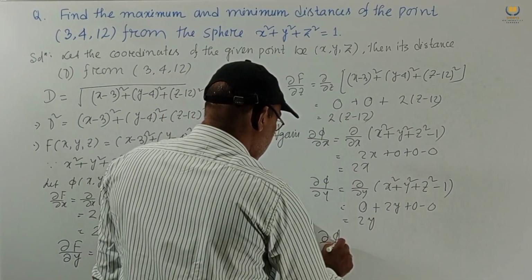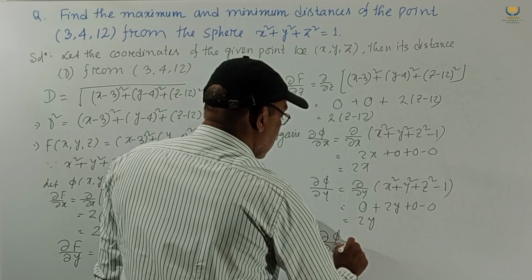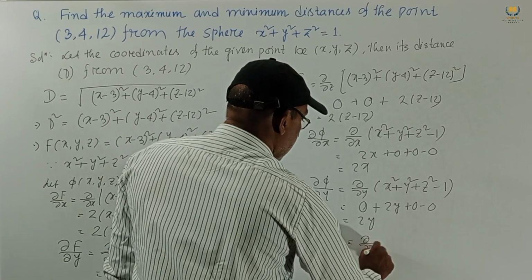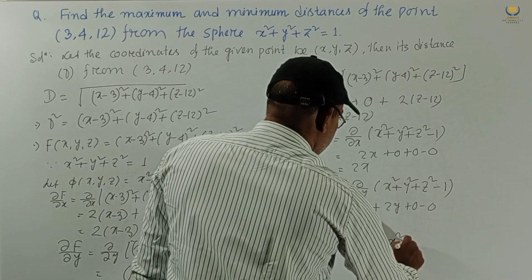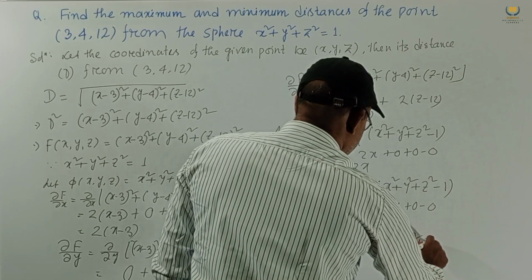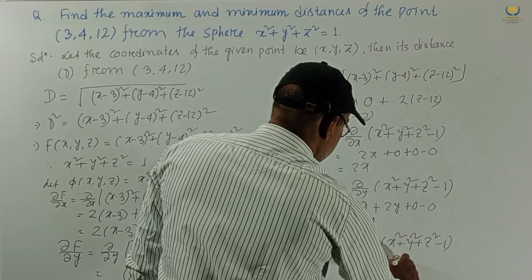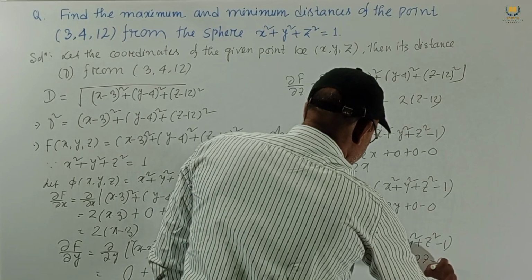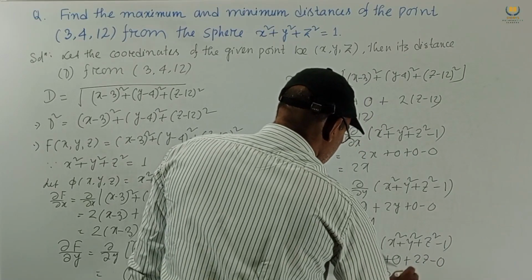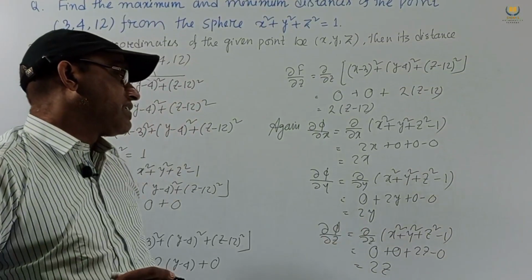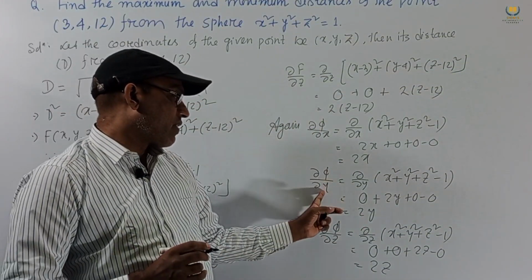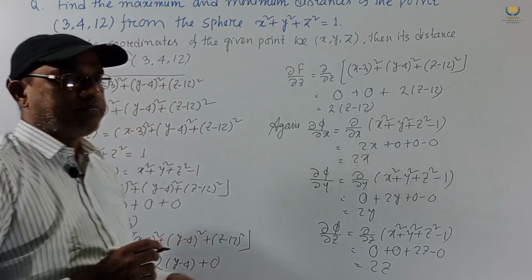Del phi by del z is 2z. These are the values of del phi by del x, del phi by del y, del phi by del z.